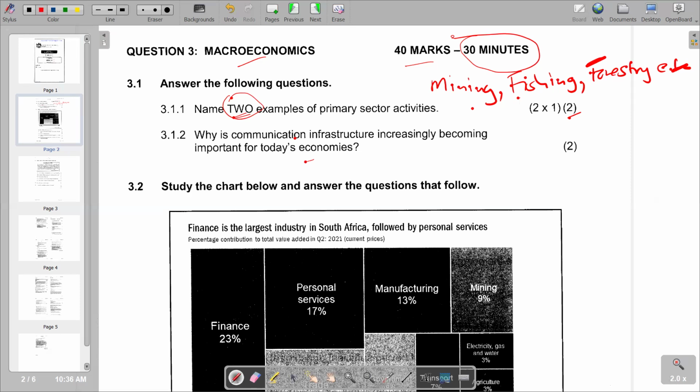So why is it important? It is important because it facilitates a smooth movement of information between parties, and faster movement of information between parties. So we go to the other section to see what points we have in terms of the importance of communication infrastructure.